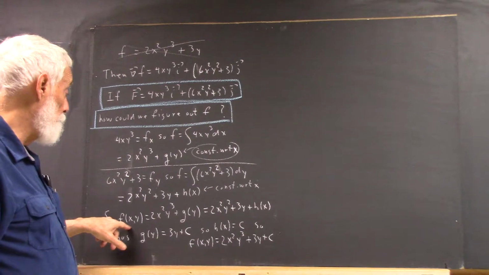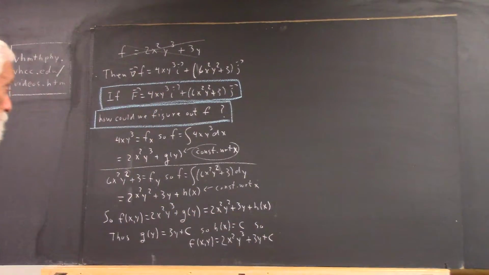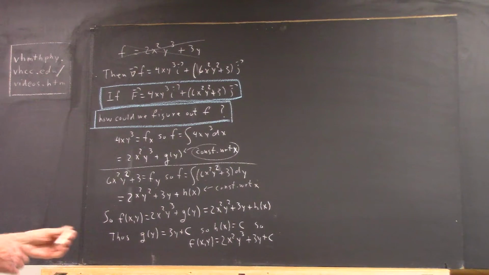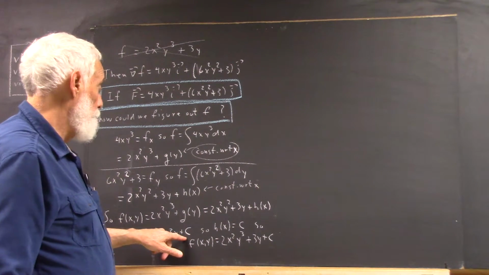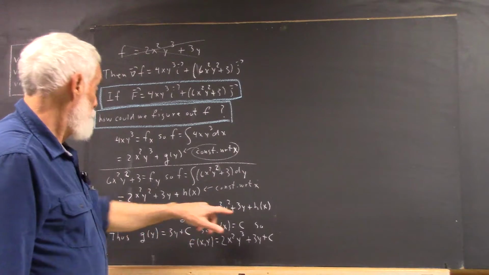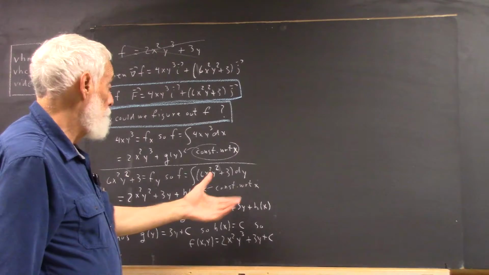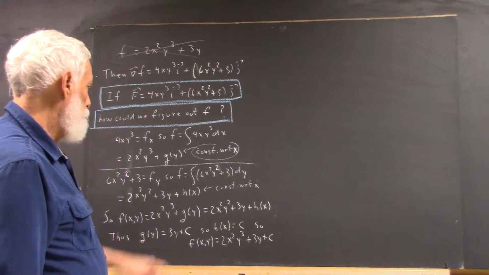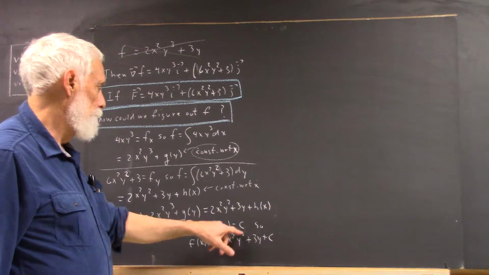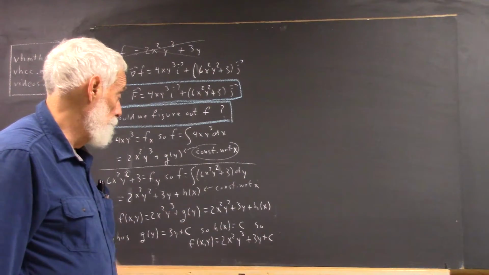Now let's write that out a little more formally. We say f of xy has to equal this, but it also has to equal this. What's our conclusion? Well, our conclusion is that g of y is 3y plus c. In other words, the g of y function we have over here would be 3y plus some constant. And our h of x function is just equal to that constant, so that f of xy is this.